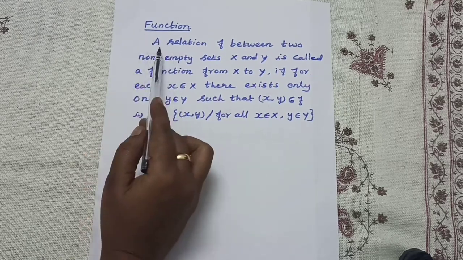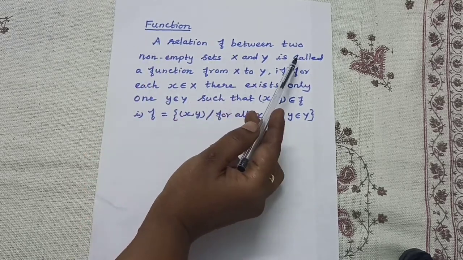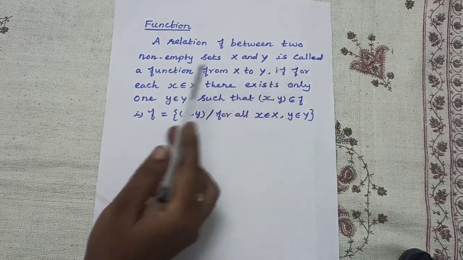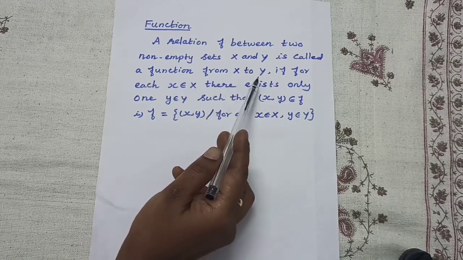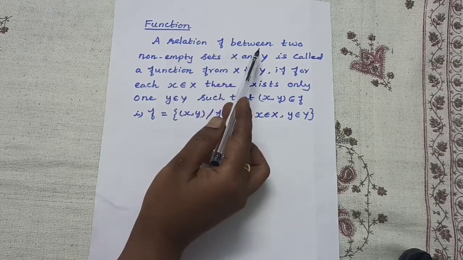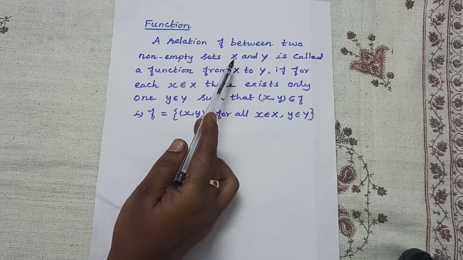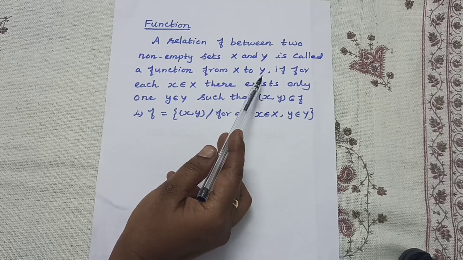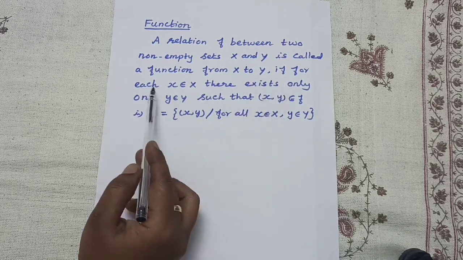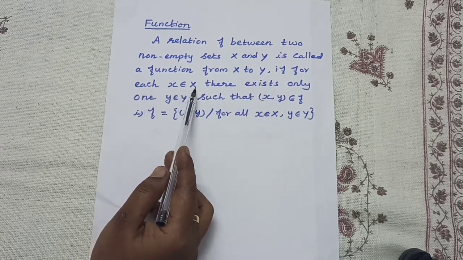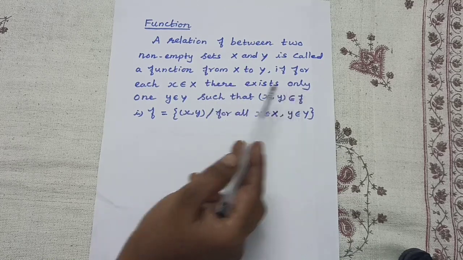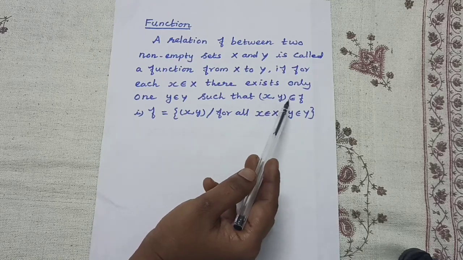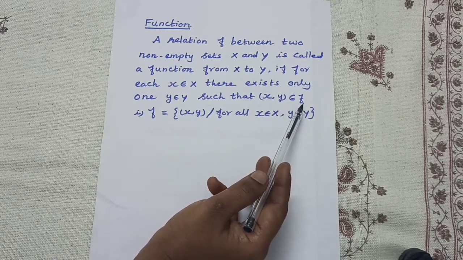Function: a relation f between two non-empty sets X and Y is called a function from X to Y if for each x belongs to capital X, there exists only one y belongs to capital Y, such that (x, y) belongs to f.